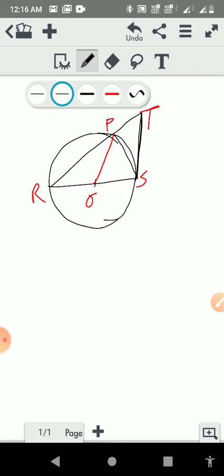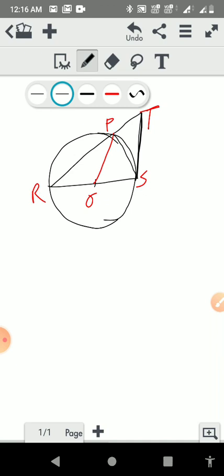I am going to draw these lines RT, TS and RS. This RS is already given, or we can say PS, our construction is PS. So in this way, after doing construction, RS is the diameter of the circle, which is given in your problem.